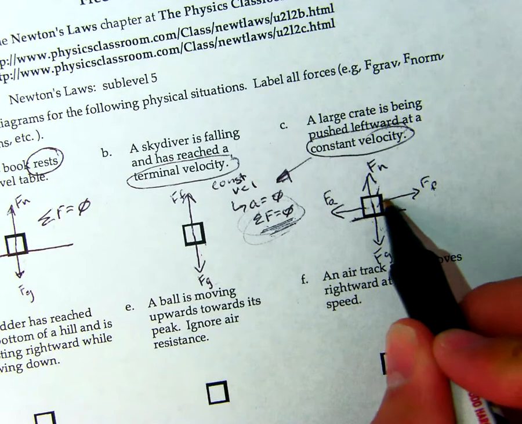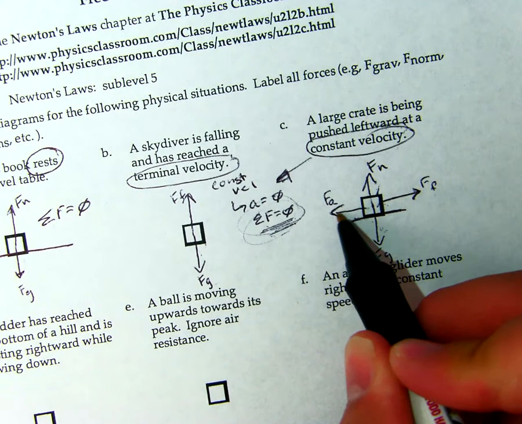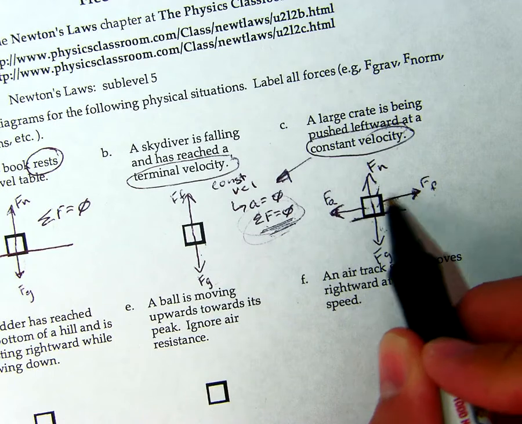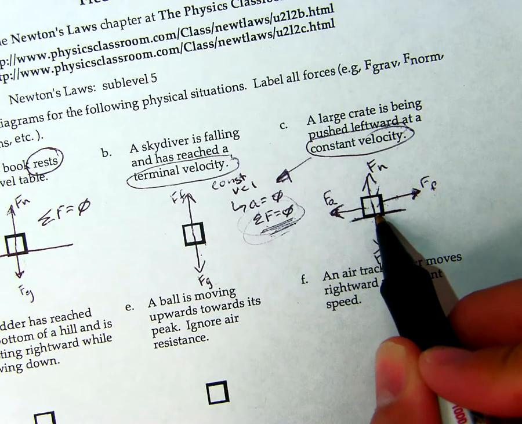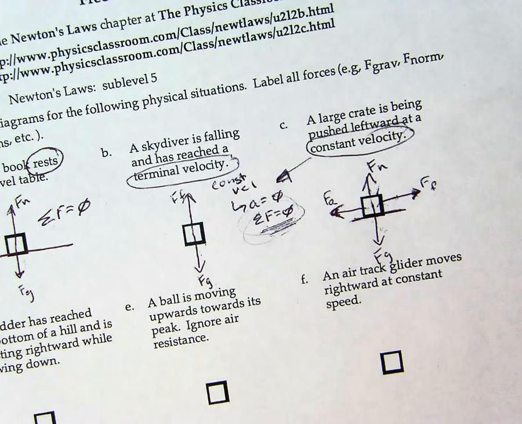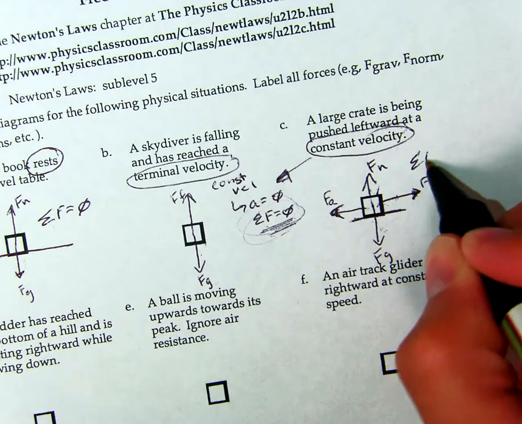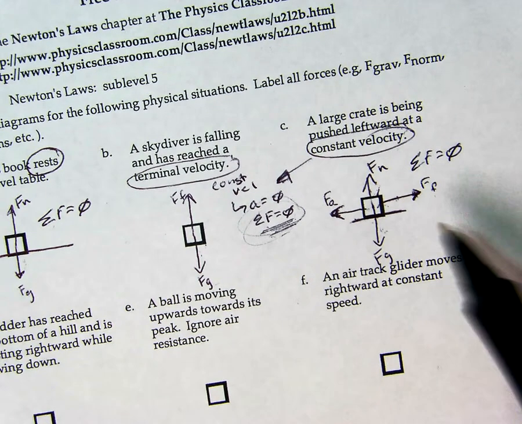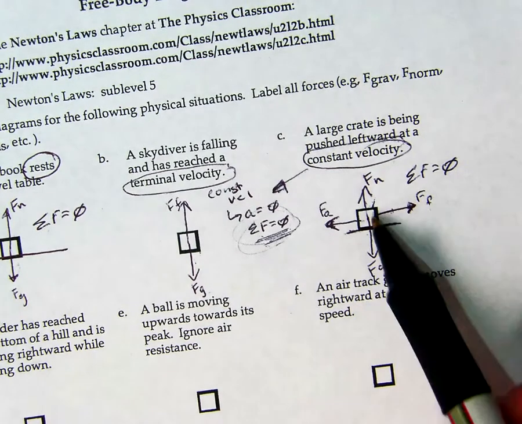I slightly drew this a little bit too big, but these two vectors should be the same magnitude, so they cancel out, which would give us sum of all forces equaling 0. And that is the case. They cancel each other out. So we have a constant velocity.